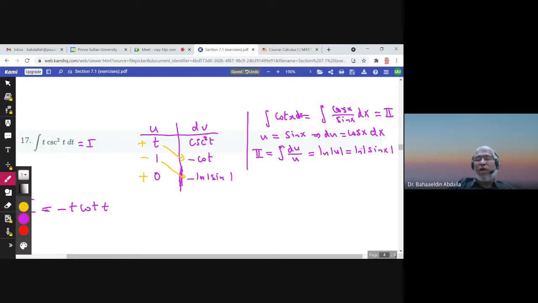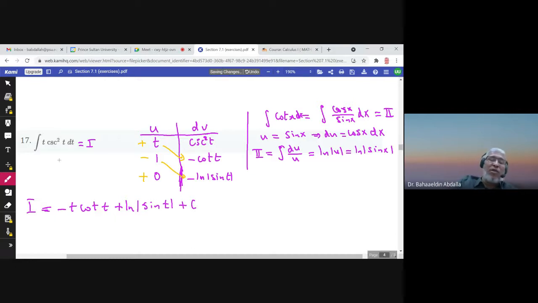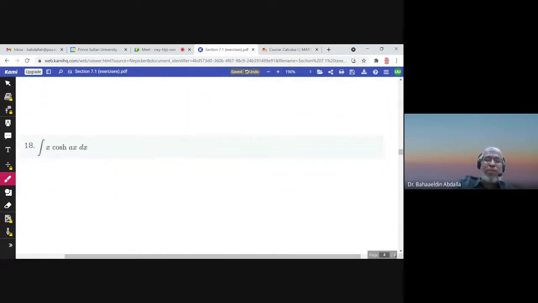So from here, I know that the integral of cotan t is negative ln sine t. That would be okay. So negative t cotan t, minus times minus is plus ln absolute value of sine t plus c. This would be the integral of t times cosecant square t.